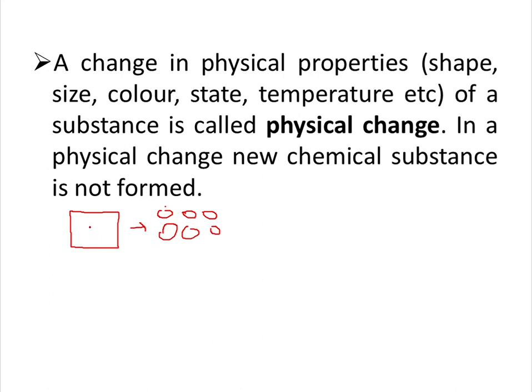One big piece of paper is transformed to many pieces of paper which are of smaller size. But in the beginning of the transformation, the substance that we used was paper, and after the transformation the substance that we get is also paper. What is changing? Only its physical parameter, that is its shape and size is changing, right? As no new substance is formed and only the physical parameter has changed, it is called physical change.